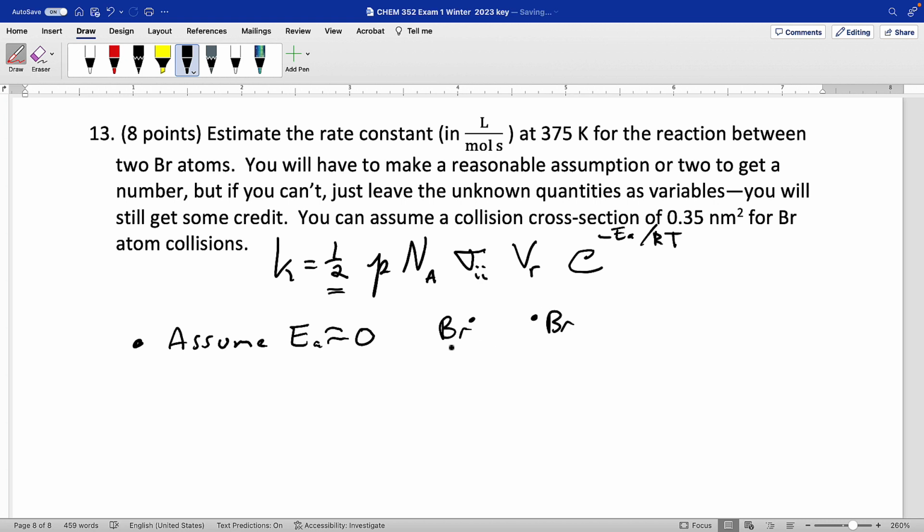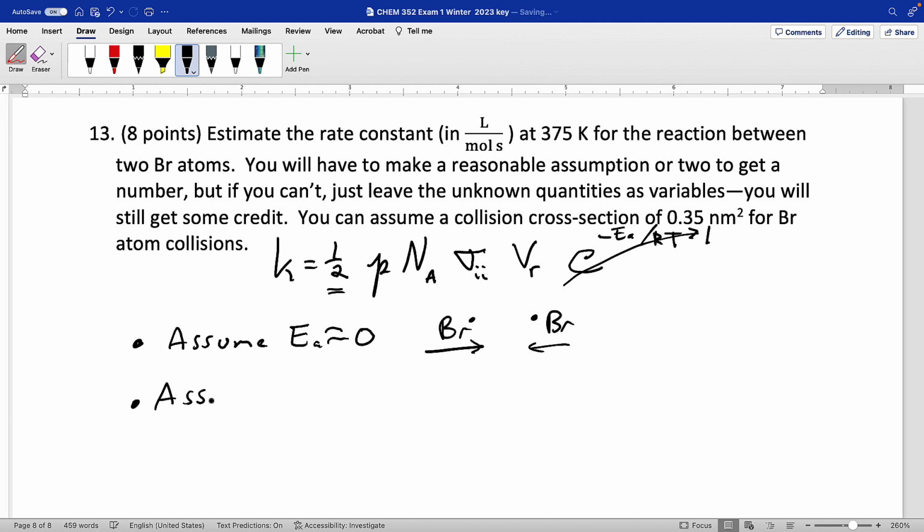So they're pretty high energy substances, and they're going to bang into each other and just form a bond. So we don't have to break any bonds to do this reaction. All we're doing is making a bond, so we expect the activation energy to be really, really close to 0. So that means that our exponential term here is going to become 1. Okay, so that's a good assumption.